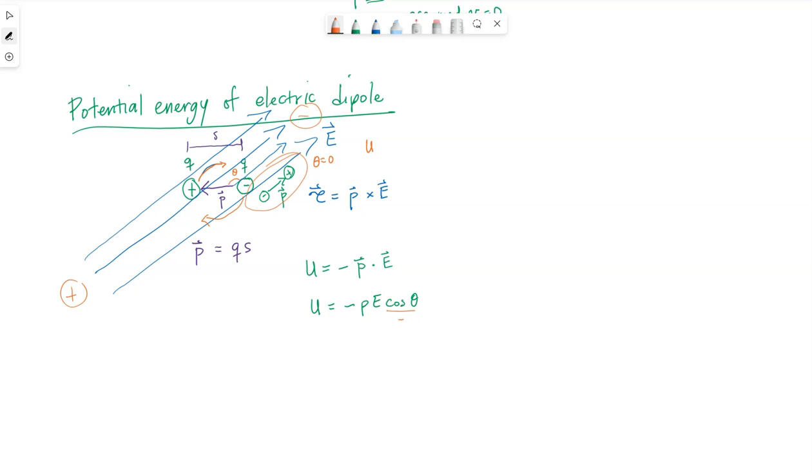Our equation, negative PE cosine of 0 degrees is 1. The potential energy when it's completely lined up is the most negative it can possibly be. Meaning this is the smallest possible potential energy of the dipole.